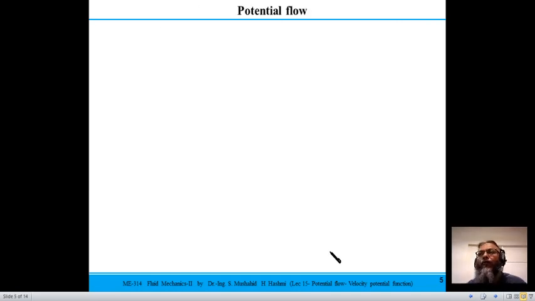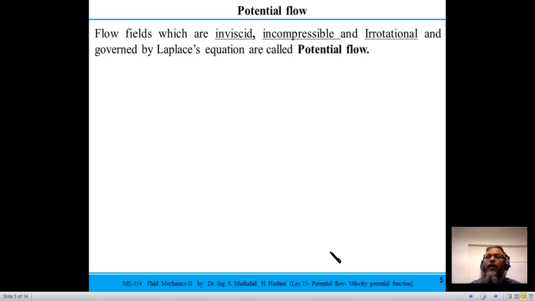So what we end up with, what you call a potential flow, is such a flow field which is inviscid. Inviscid means the viscous terms are neglected. Incompressible, so it satisfies the continuity equation in the manner that the divergence of the velocity is 0. And the third condition for potential flow is that it must be irrotational.